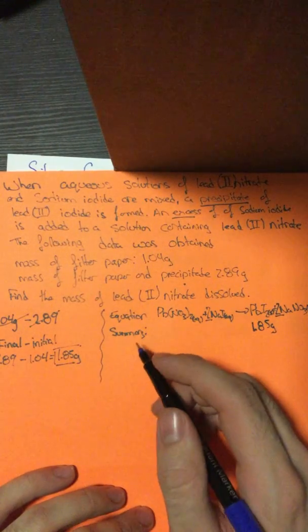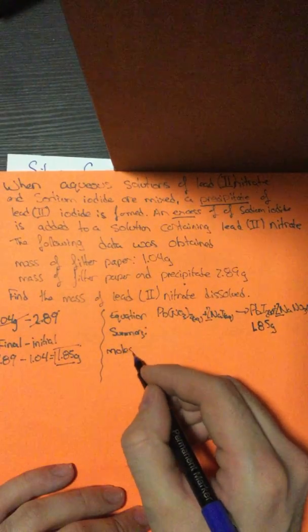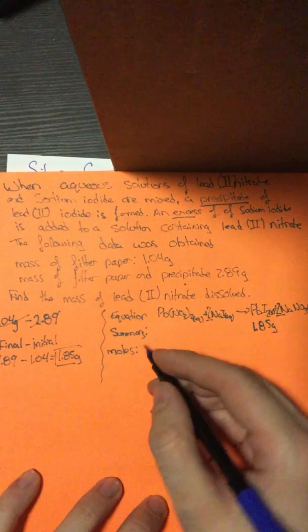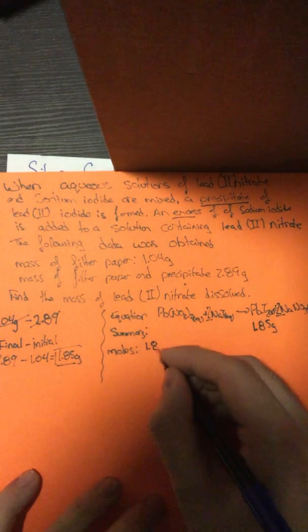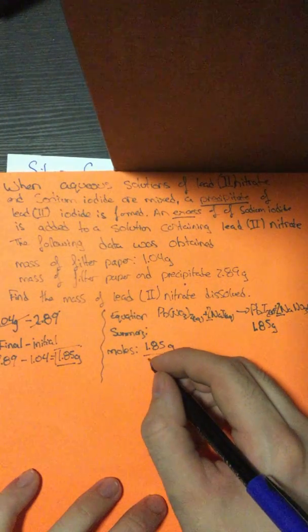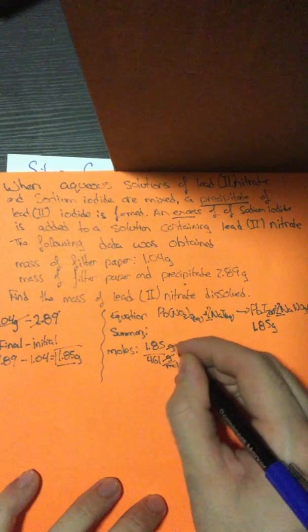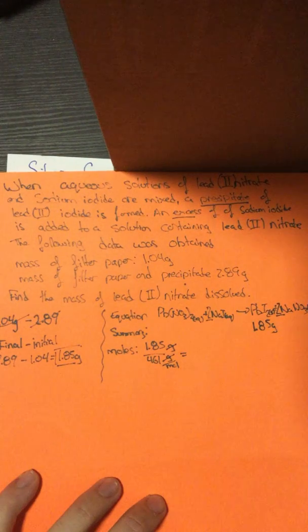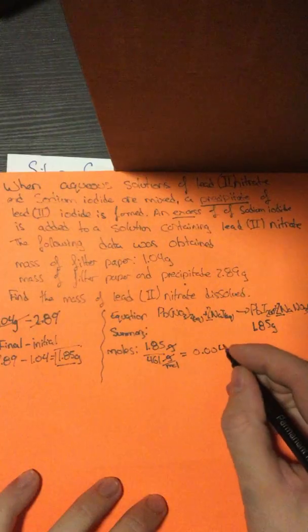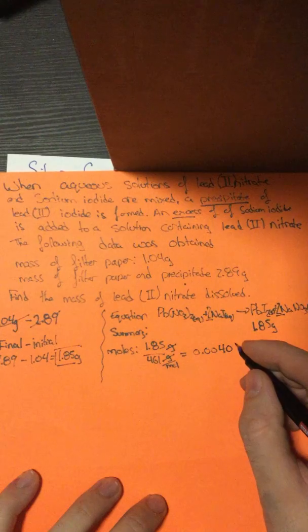So now we're going to move on to our third step, where we're going to determine how many moles we have. So in this case, again, I'm given a mass, I need moles. I'm going to take that mass and divide it by its molar mass. So grams divided by 461 grams per mole, leaving me with another trailing number. And in this case, I'm going to leave it here.